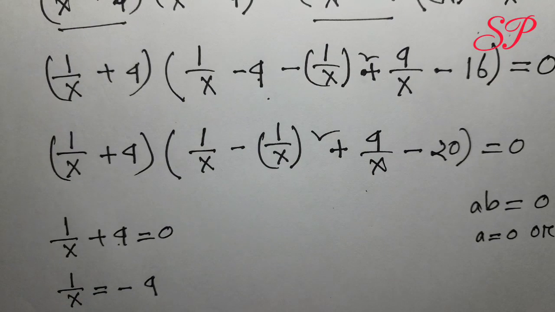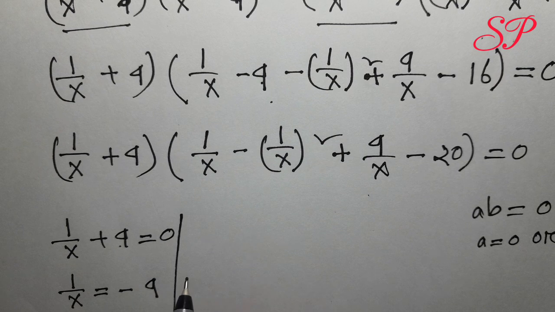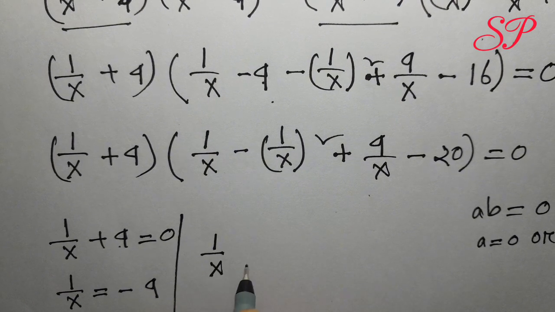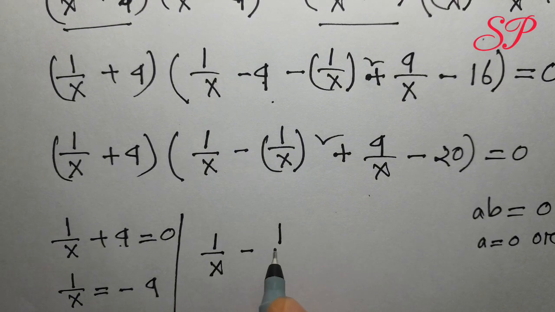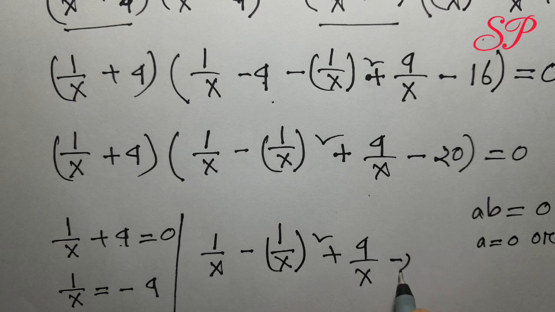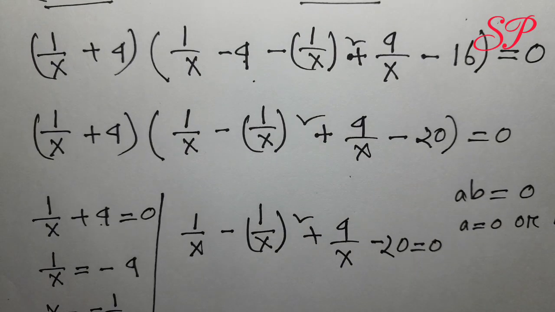Okay, then we can write here, from here, 1 by x minus 1 by x square all square plus 4 by x minus 20 is equal to 0.